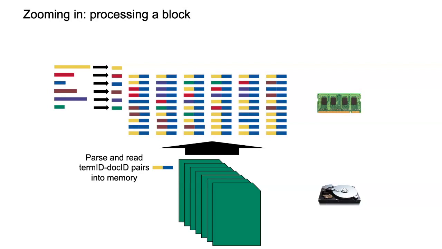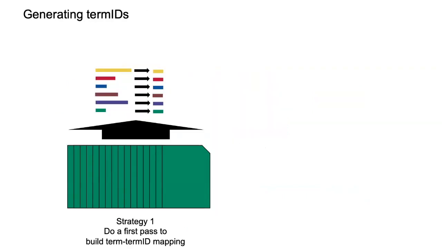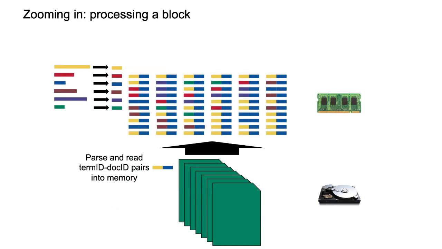First you will have them in the order in which they appear in the documents, but then if you sort them by term ID and then by document ID, you have a sorted list. And then once it's sorted, you will generate the standard inverted index.